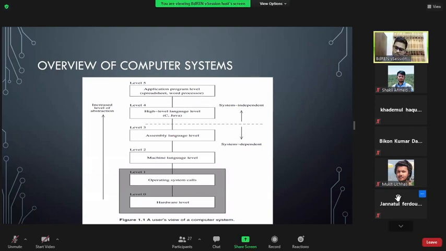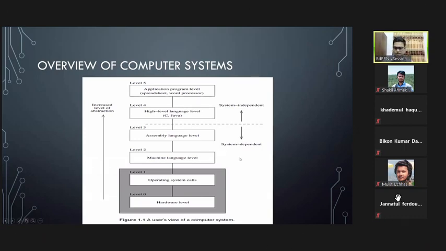Can anyone just give me a very brief idea about whatever we have discussed so far about the system dependent and system independent? About level 0 to level 5. Very briefly. Anyone?